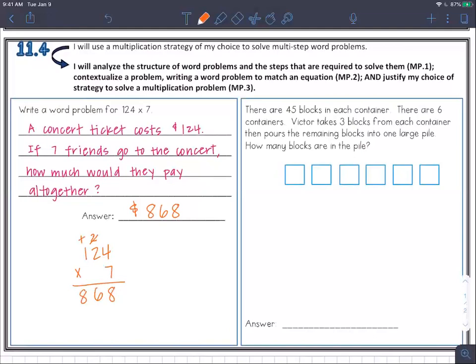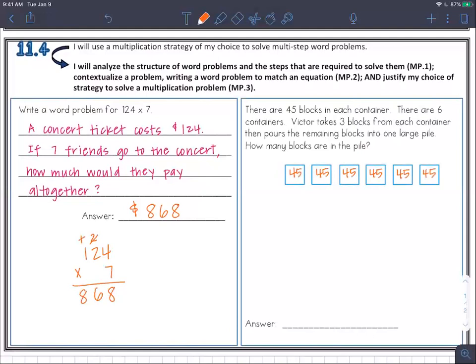Over here, there are 45 blocks in each container. There are 6 containers. Victor takes 3 blocks from each container, then pours the remaining blocks into one large pile. How many blocks are in the pile? So let's break it down. There are 45 blocks in each container. If it helps you, you can draw containers or boxes and write it out like this so you have a visual and you can see what they're talking about, right?